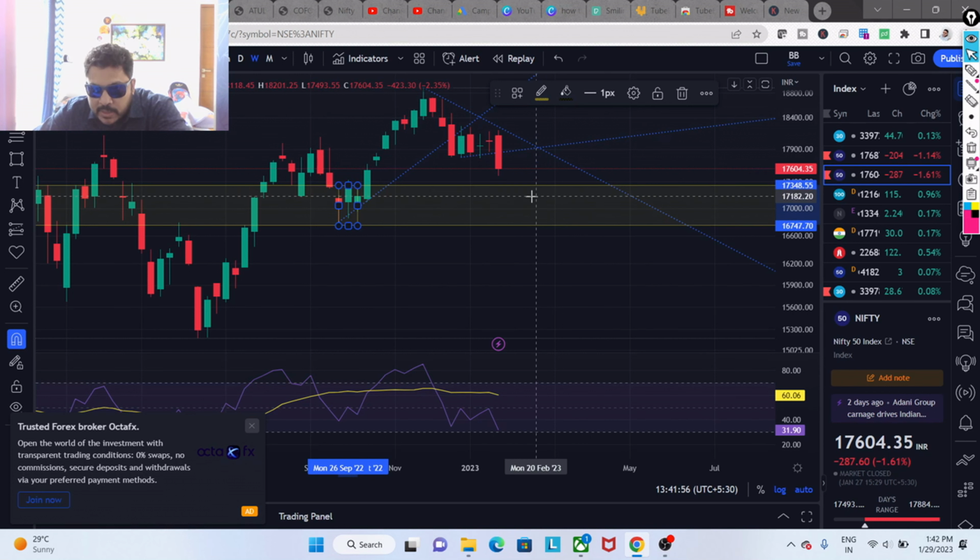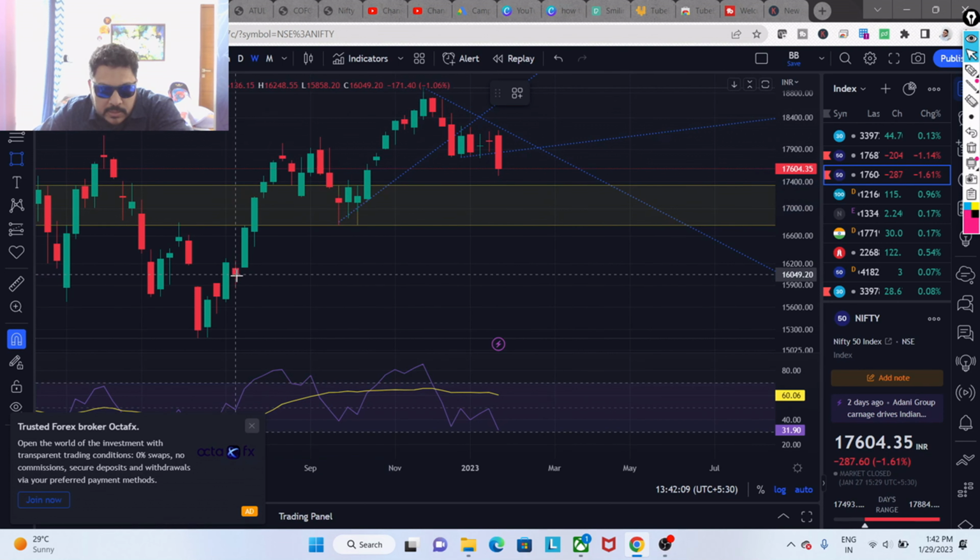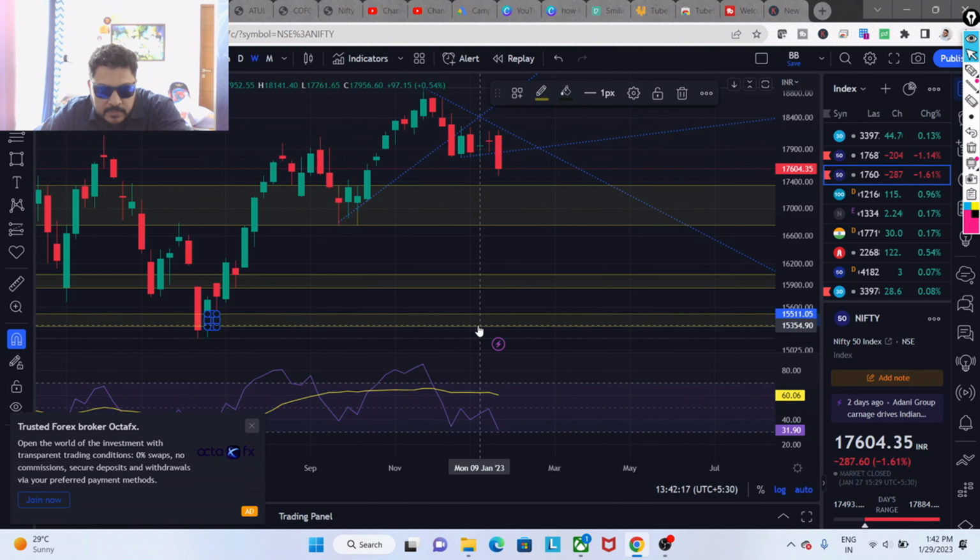If the rally has to happen, the rally has to happen from here towards the new high. If there is a downfall, then the fall will start from here, and first level is here. This is our first level. Okay, and the second levels will be all along this level.